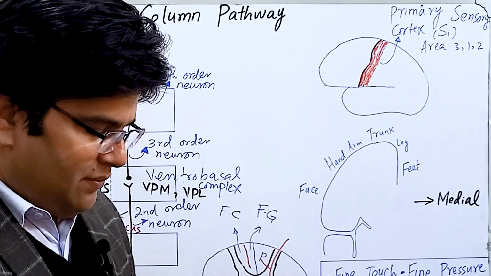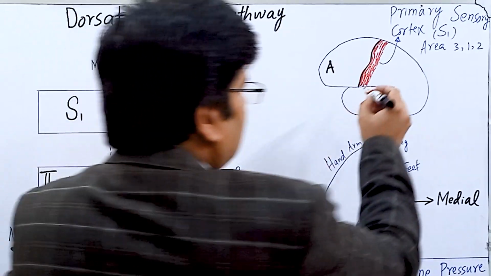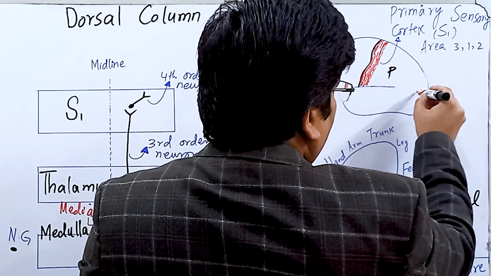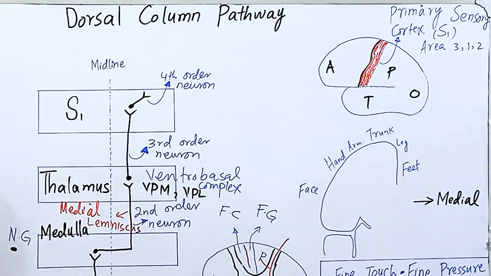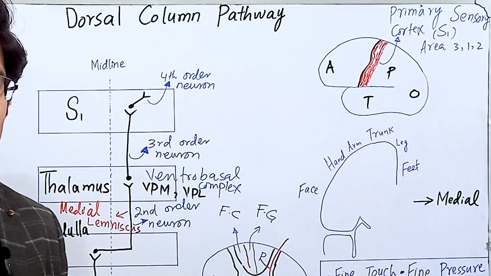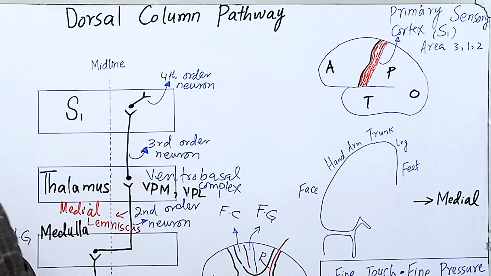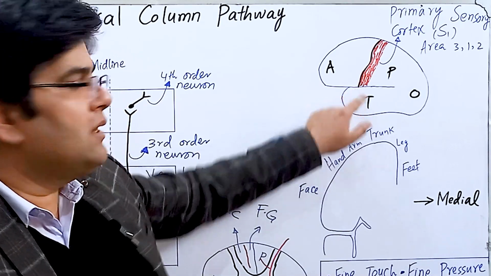Our brain can be divided into four lobes: the frontal lobe, parietal lobe, occipital lobe, and temporal lobe. The primary sensory cortex is present in the parietal lobe of our cerebrum, just posterior to the sulcus called the central sulcus.